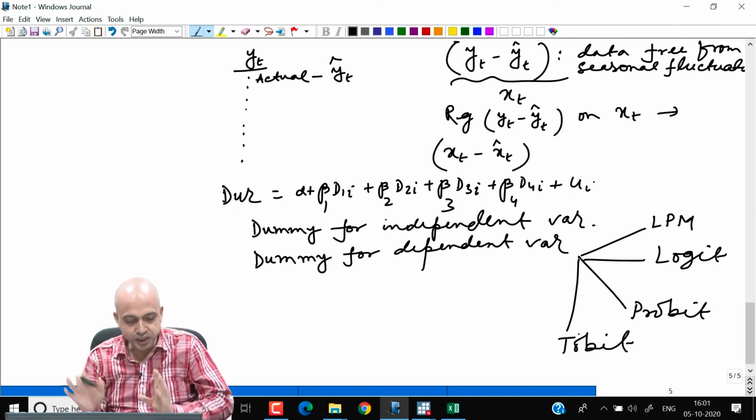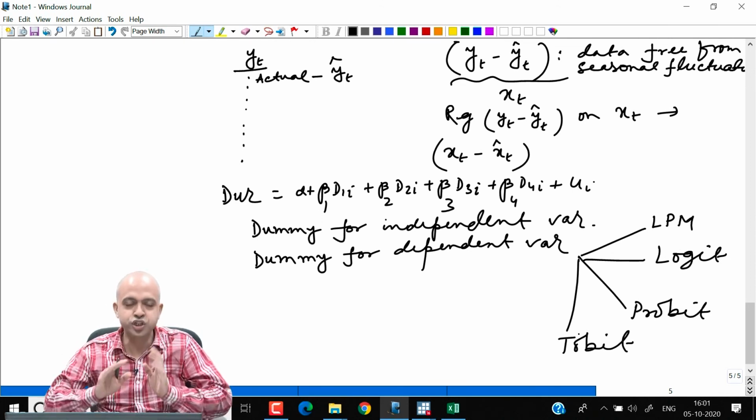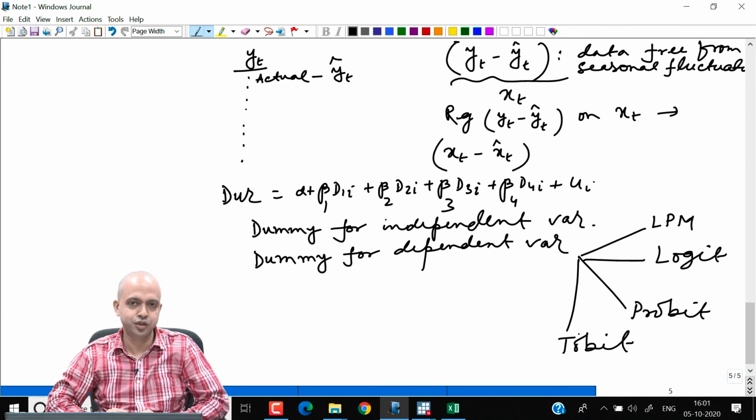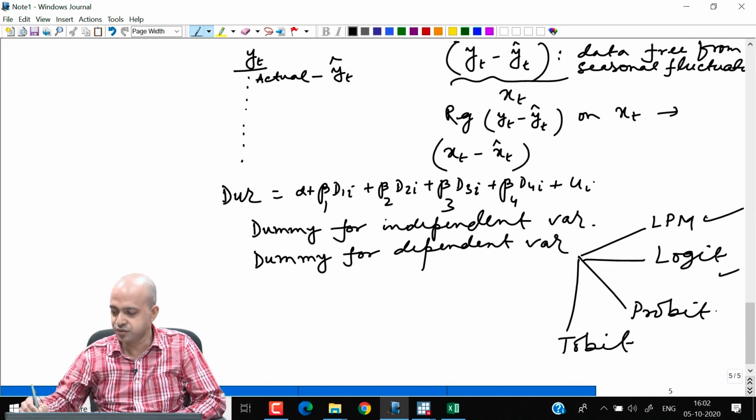Okay, so with this, we are closing our discussion on dummy variable, where dummy was used to quantify some of the qualitative explanatory variables. We have not yet discussed anything to convert the qualitative dependent variable into quantitative one using dummy. That we'll discuss later on by these four models. Thank you very much.